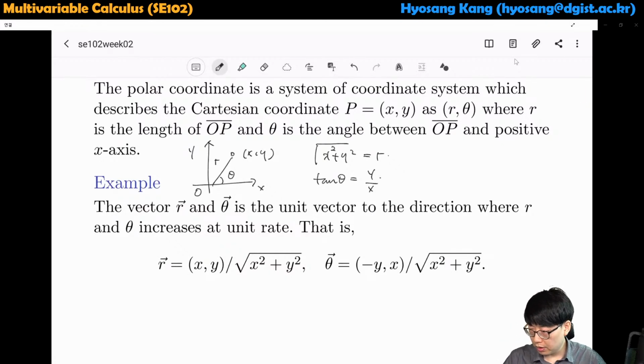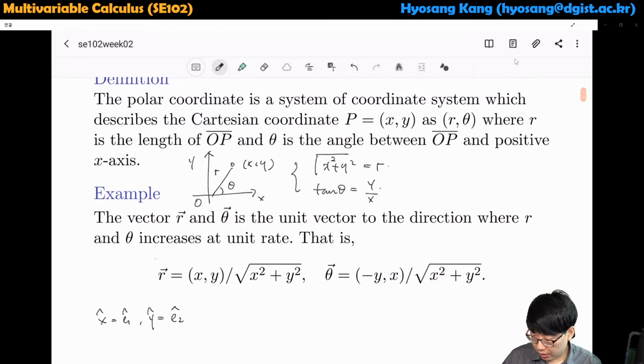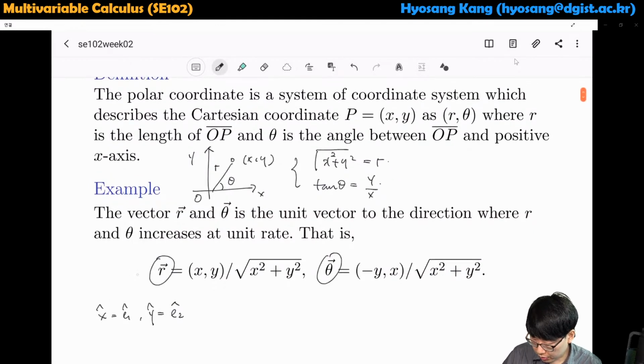If x is 0, then you can use your inverse cosine or something. The important thing is I want to point out other vectors, instead of our x hat, which you represent by E1, the unit vector, and y hat, which is E2, the unit vector. There are other vectors, r hat and theta hat.